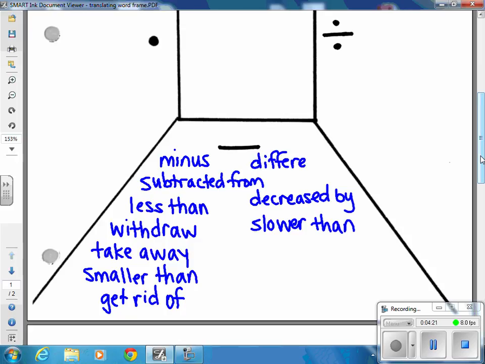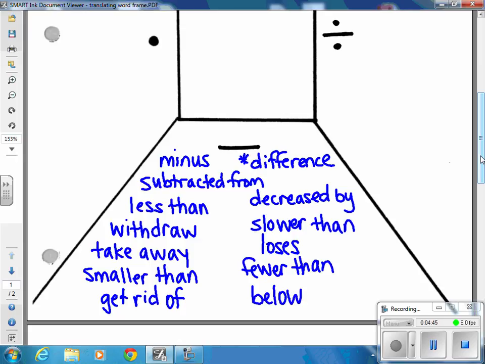Like sum was the big one for addition, difference is the big one for subtraction that you will see a bunch of. Loses. Somebody loses weight, they're losing pounds, or subtracting it off. Fewer than. Below. Okay, so those are just a few of the ones that mean to subtract.